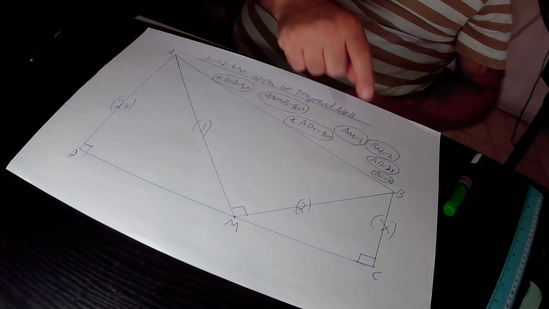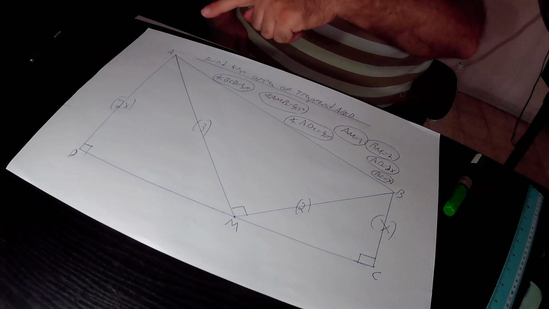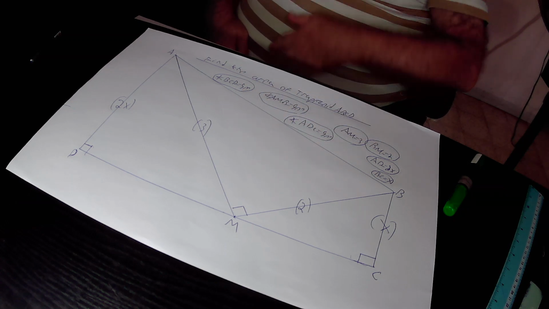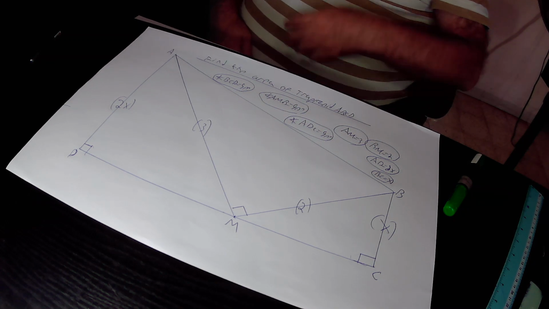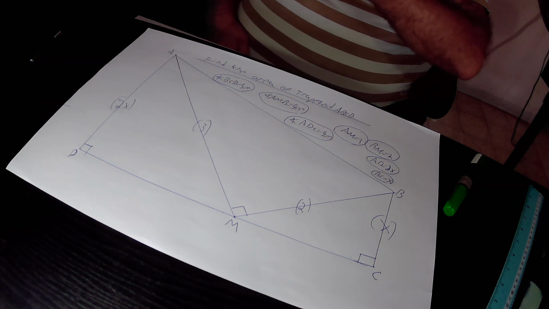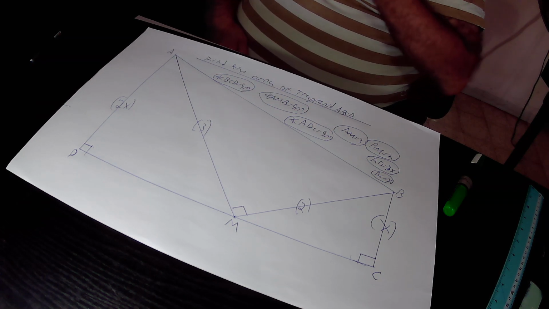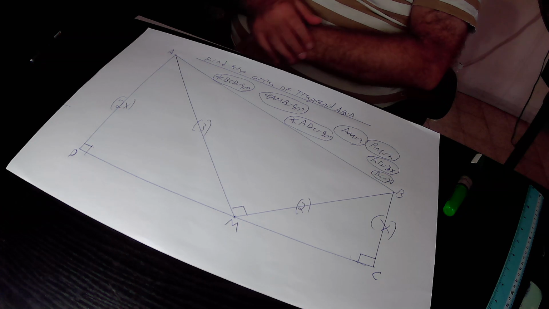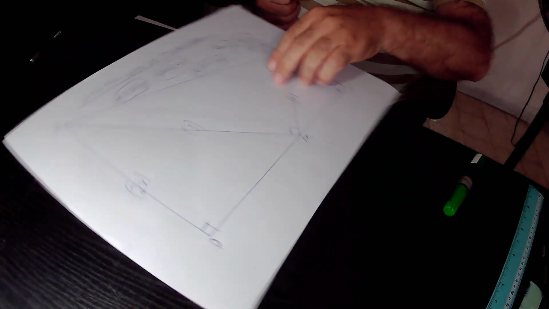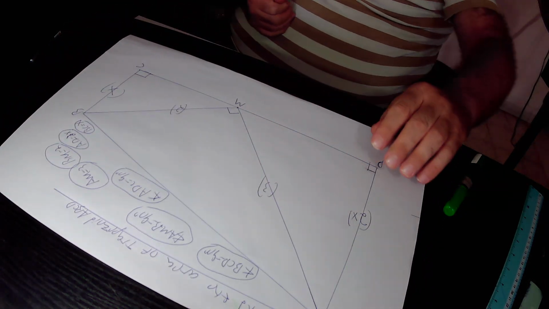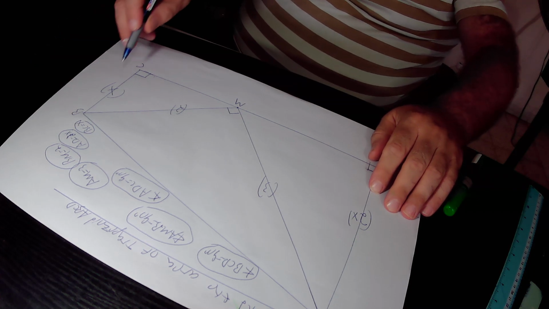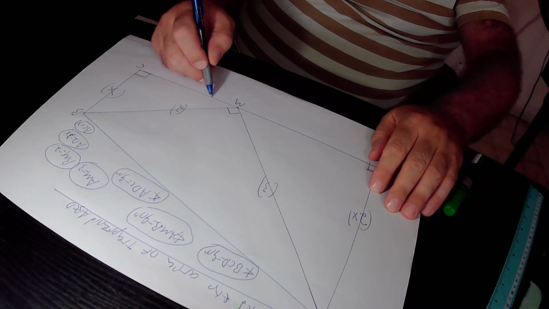Line segment MB equals 2 units in length. This is line segment AM, that is equal to 3 units in length. Again, our mission is to find out the area of this trapezoid ABCD. First of all, we define angle BMC. This angle is alpha.